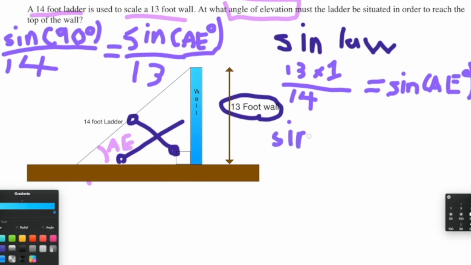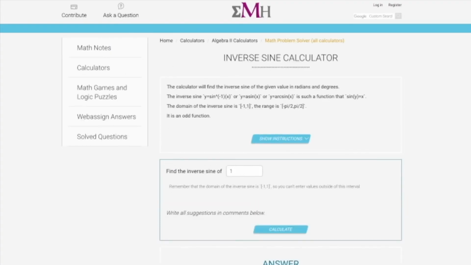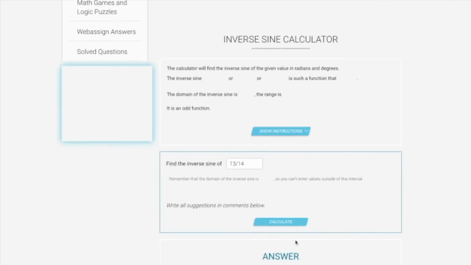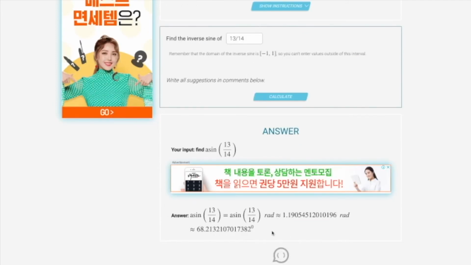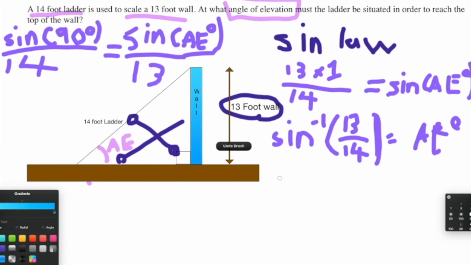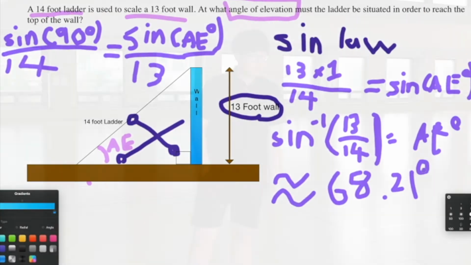We can write this more simply as arcsine of 13 over 14 equals the angle of elevation. Using a calculator, 13 over 14 gives a value close to 68.2121. So the angle of elevation will be around 68.21.